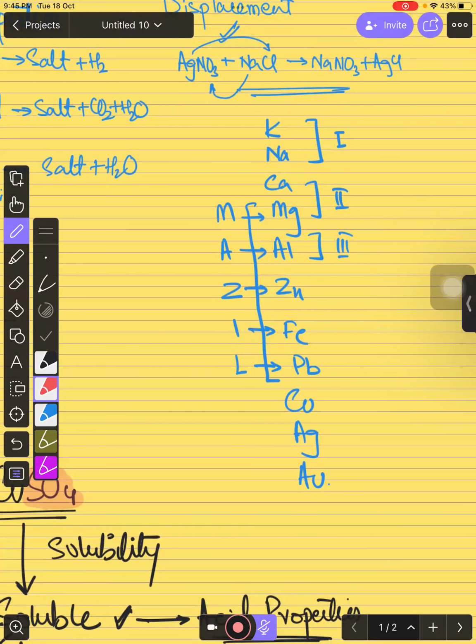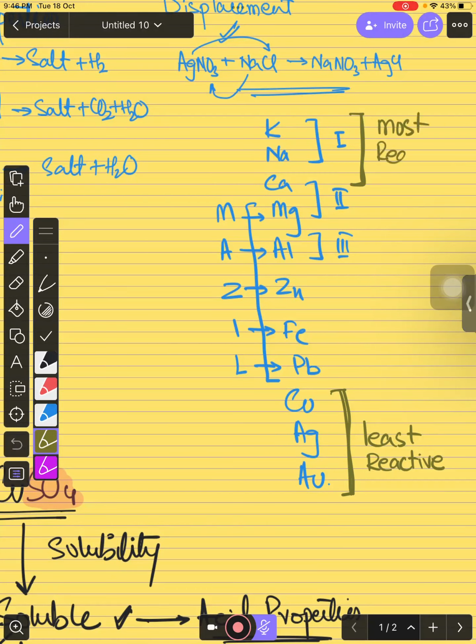If you talk about the reactivity series, these three metals are actually the least reactive metals, and these three, the starting ones, are highly reactive metals. So you can say these are the most reactive ones. And the middle ones are moderately reactive.